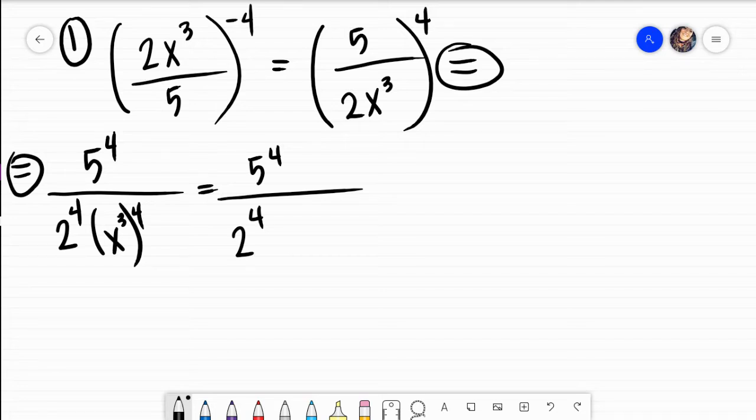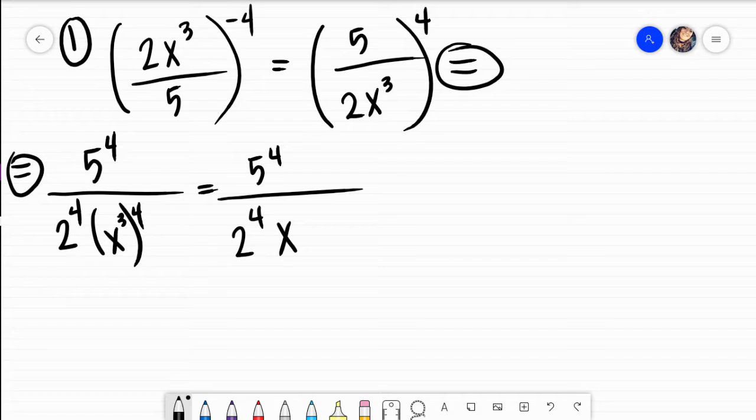But we do need to look at the rest of our denominator. I have a power rule here, and the power rule that I have is power to a power. I was taught to multiply my powers. So what you do is you keep the base, and you multiply both of those powers together.